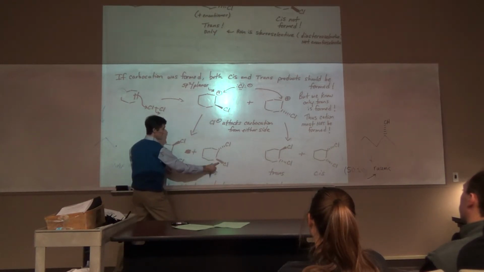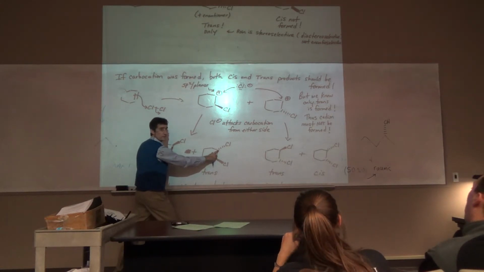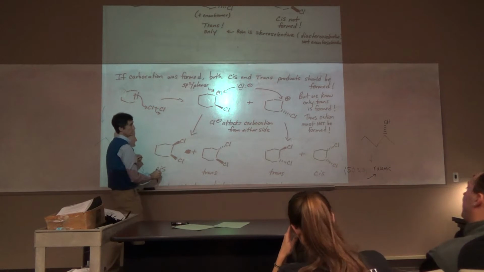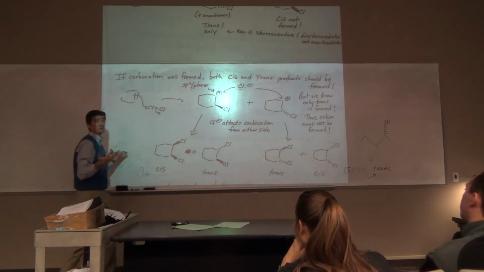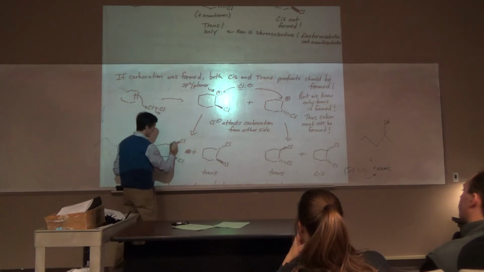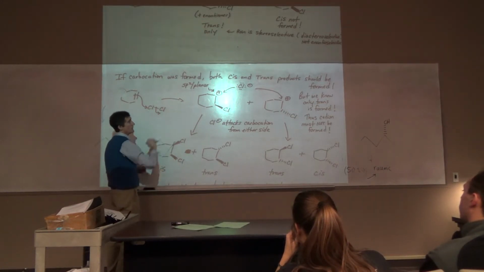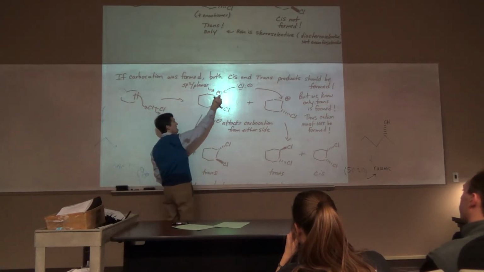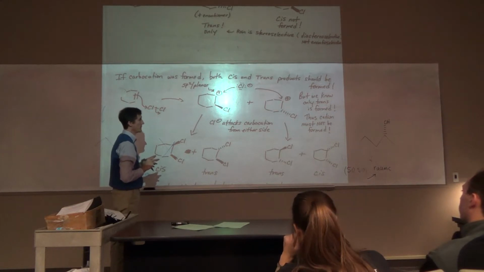No change here, but then when you attack the carbocation, it should be from either side. So this mechanism should give both, but you don't get both. You only get trans. This tells us that it's not a carbocation intermediate. But we've said that already.